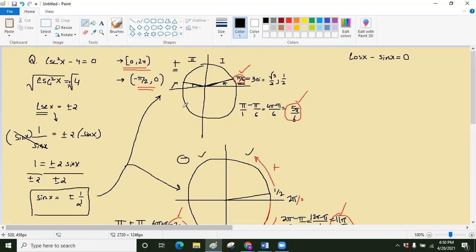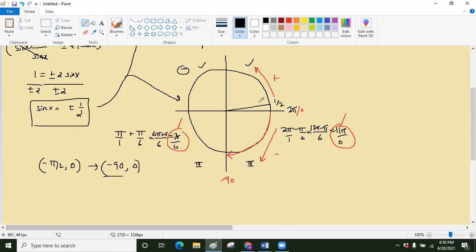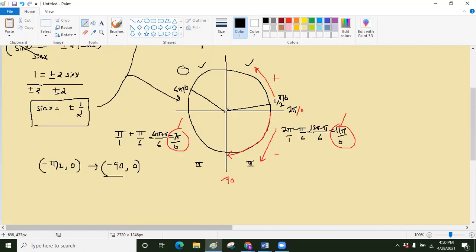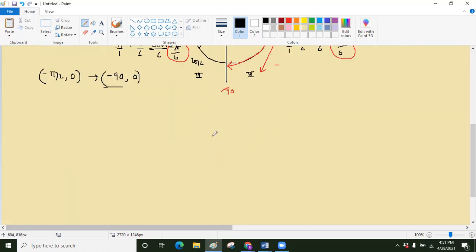We had one solution, 5 pi over 6, and another solution in this quadrant, and then we had 7 pi over 6 and 11 pi over 6. This angle, 11 pi over 6, is in this quadrant, but it's not on the interval, because 11 pi over 6 is equal to 330 degrees.